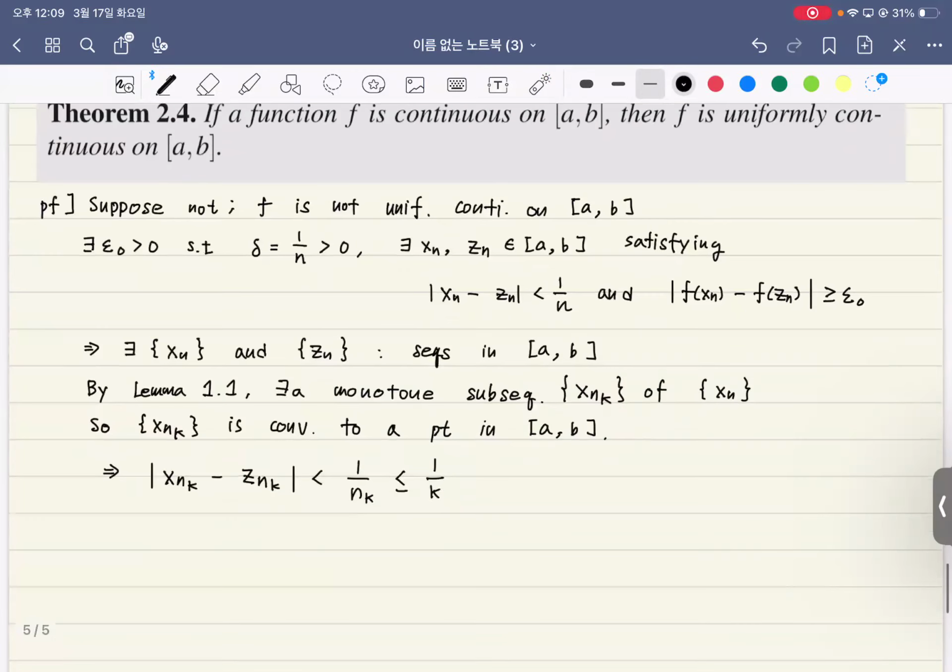Okay, so we have two subsequences, x_{n_k} and z_{n_k}.